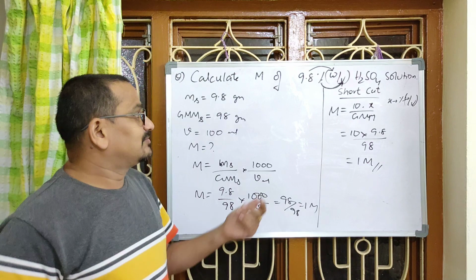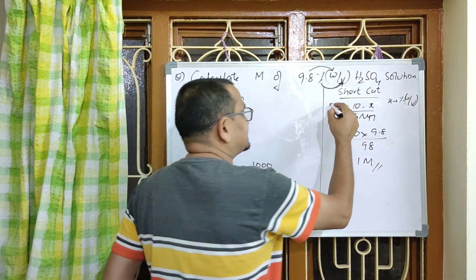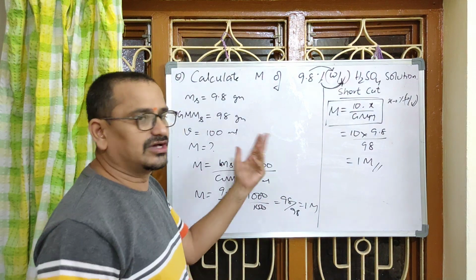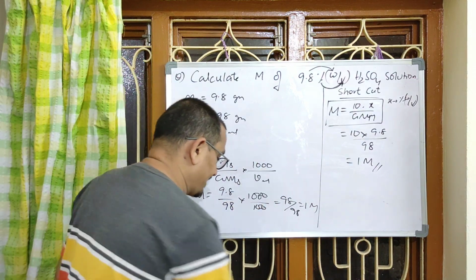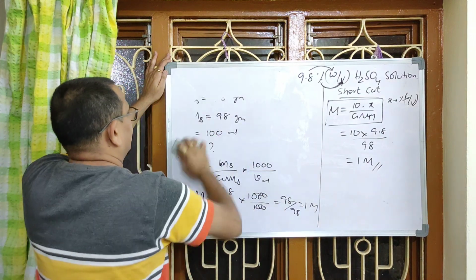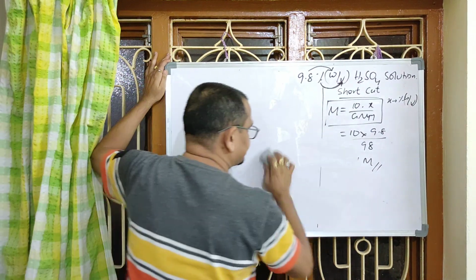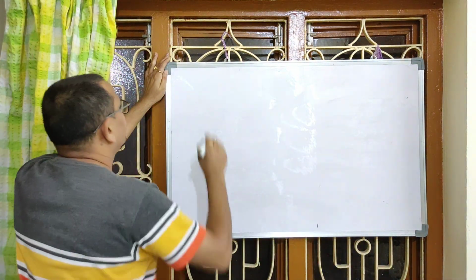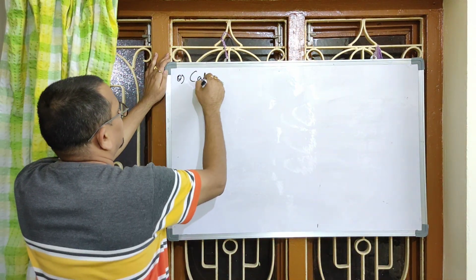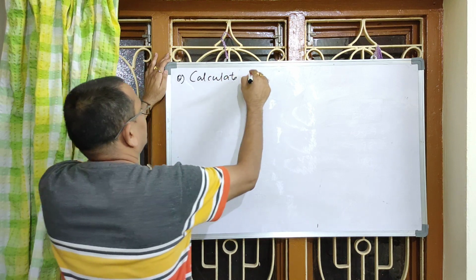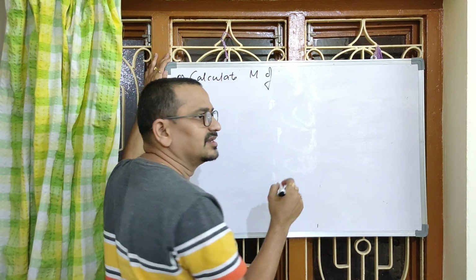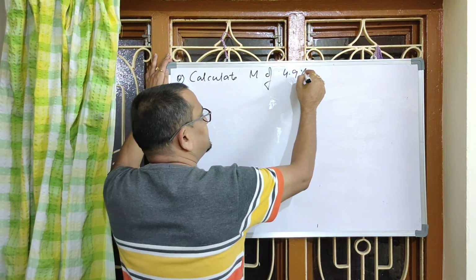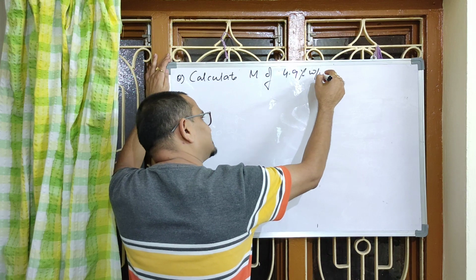Now, another model. Just like we used the shortcut 10x by gram molecular mass, another such technique we are going to discuss now. The question is: calculate molarity of 4.9% by mass.